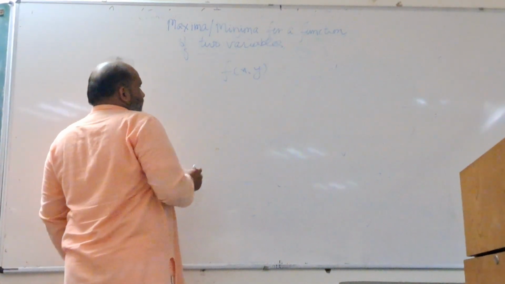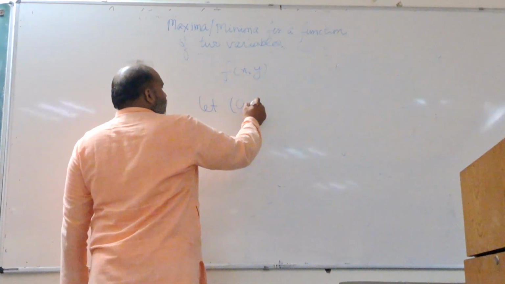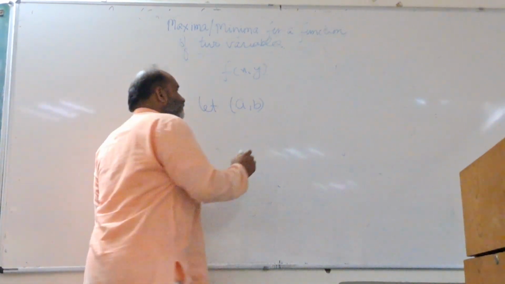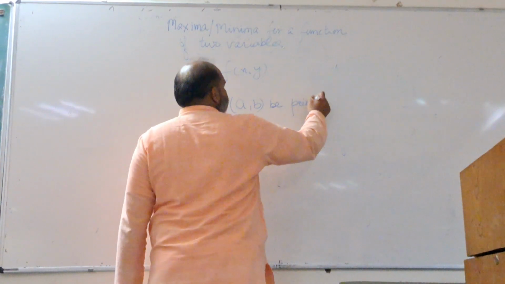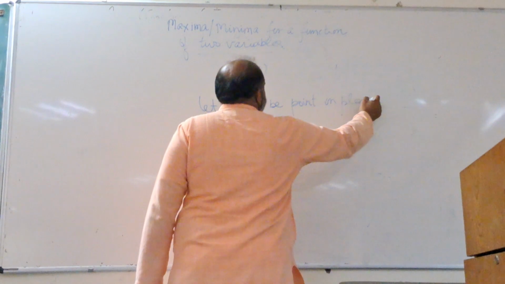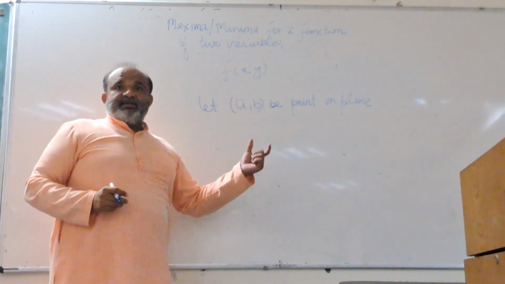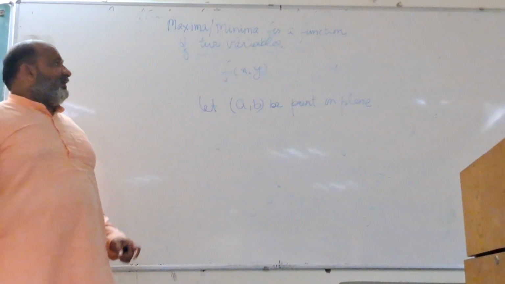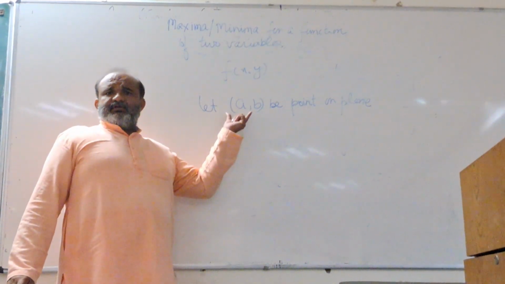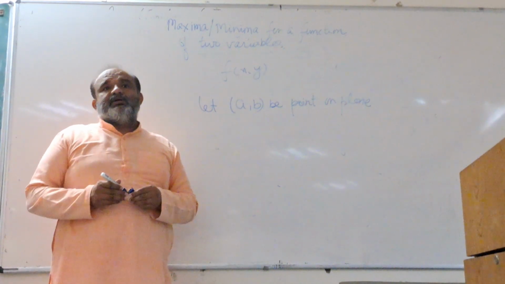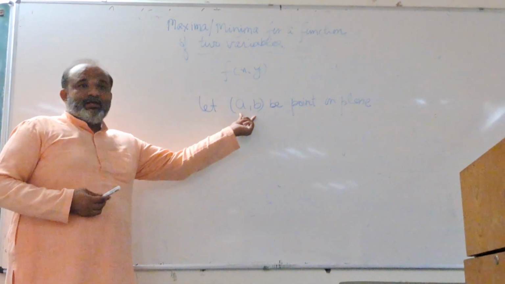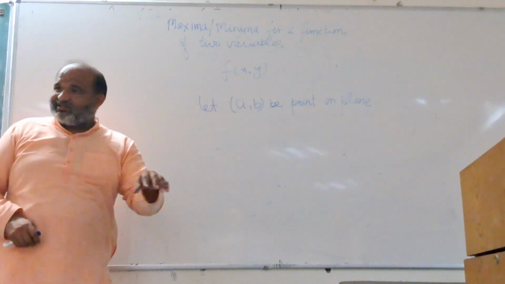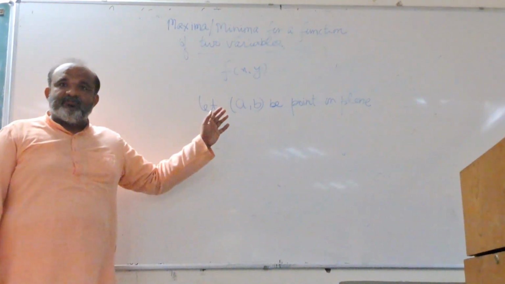Now let (a,b) be a point on the plane. Then this point (a,b) is called a point of maxima or point of minima if there exists some neighborhood of this point (a,b) inside which the value of the function at this point (a,b) is greater than or equal to the value of the function on other points inside that neighborhood, this will be a point of maxima.